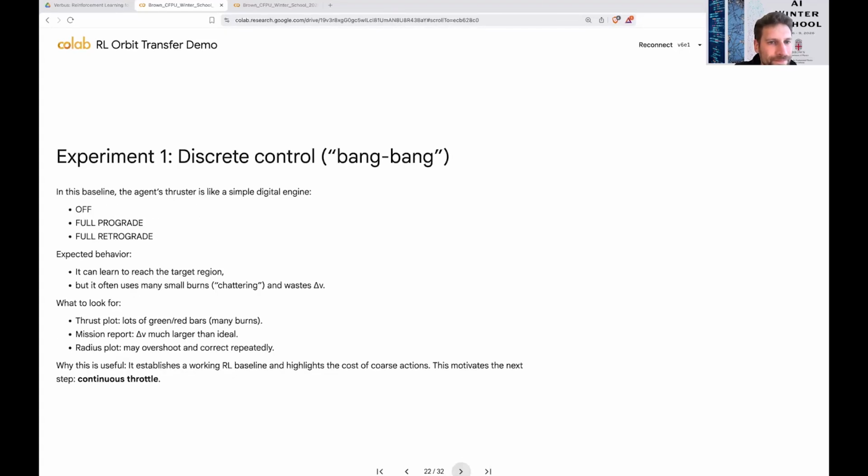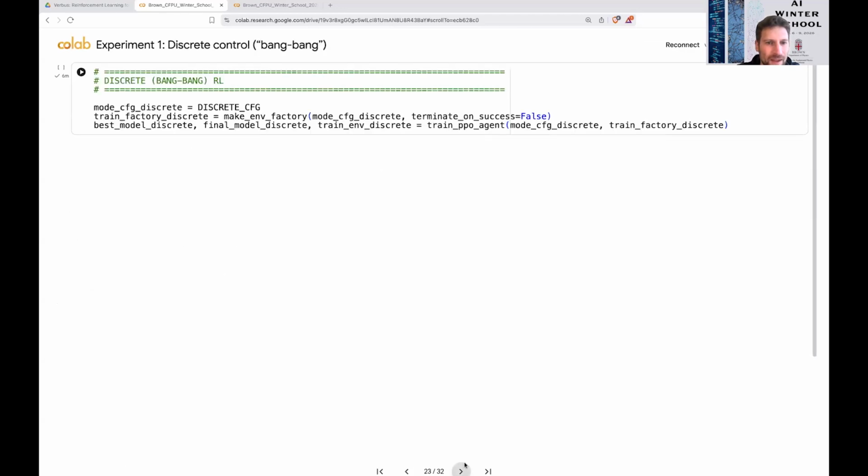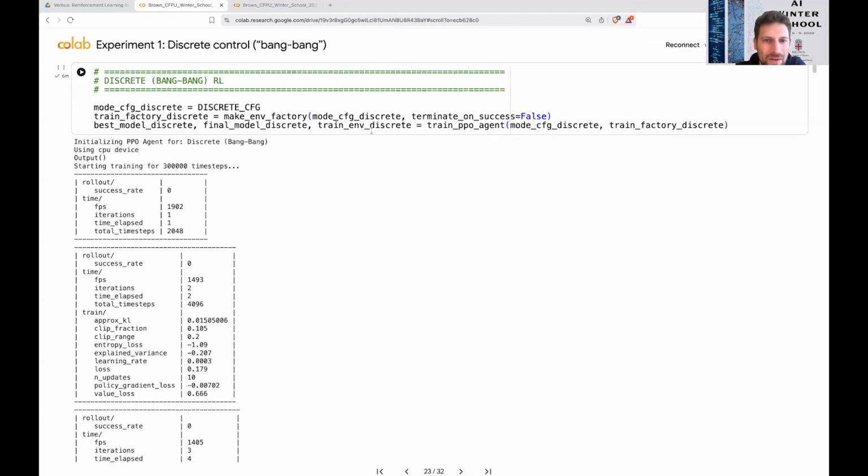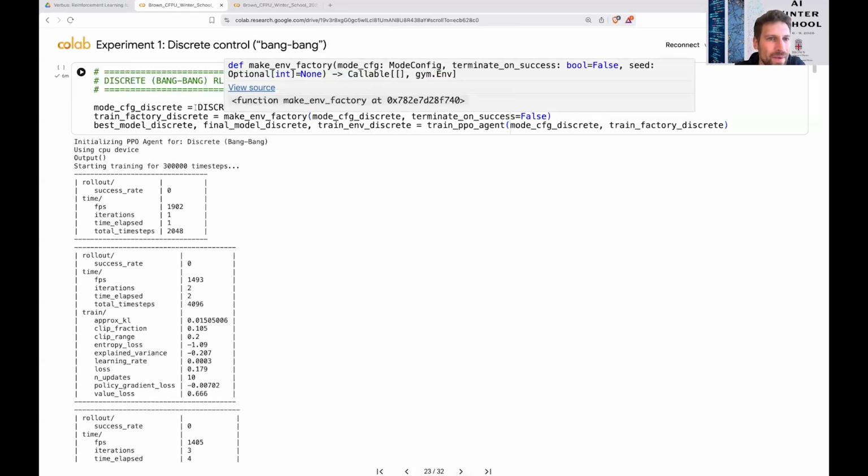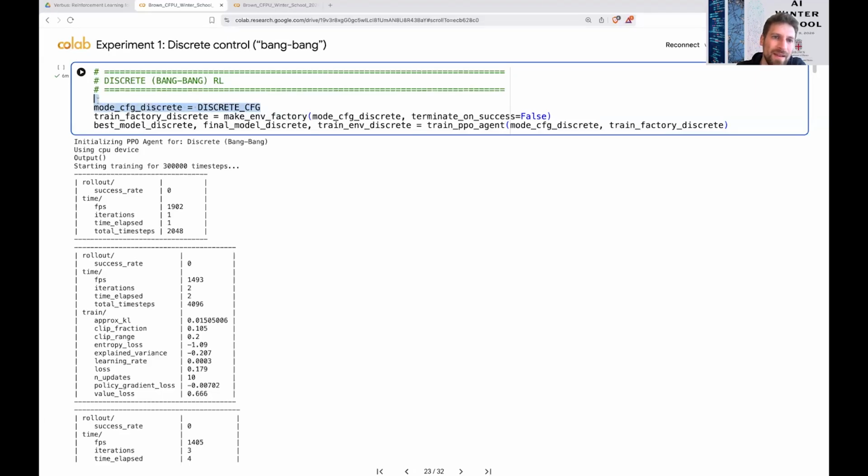Okay, so the first experiment is the discrete case. This is where it's either on or off, or full prograde, full retrograde, or off. Basically, this will establish the working baseline and is a simple case where it's just learning these discrete behaviors. So we do the training here. We take in our config for discrete that we defined at the beginning of the notebook.